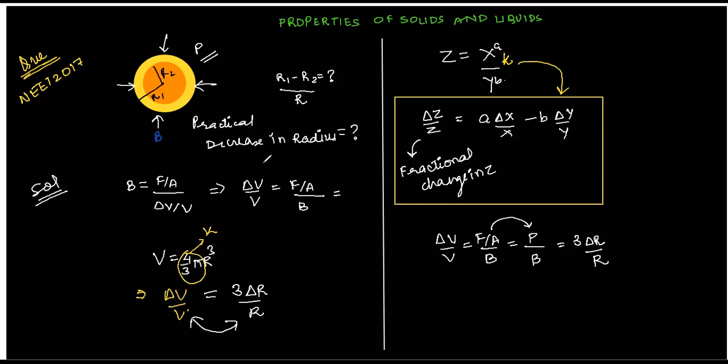So I believe they're trying to ask delta R by R and not just delta R. So can you find out what's delta R by R from this expression? Delta R by R is equal to P by 3B. Now have a look at this question.